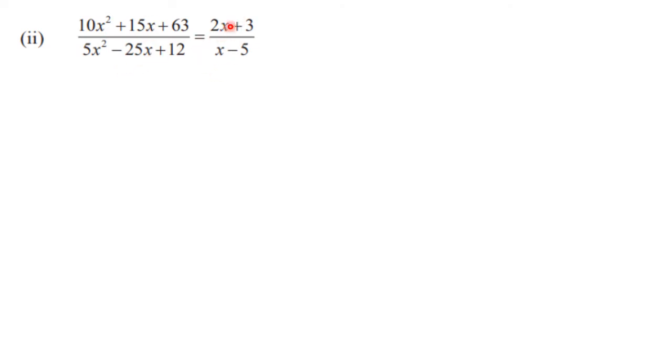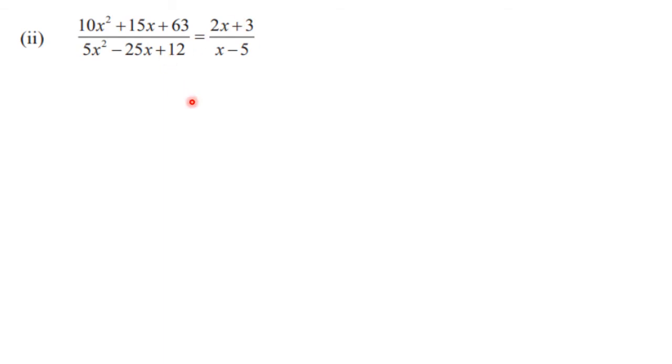So if we bring this 2x plus 3 here and shift it here, then it will be same as question number 1.